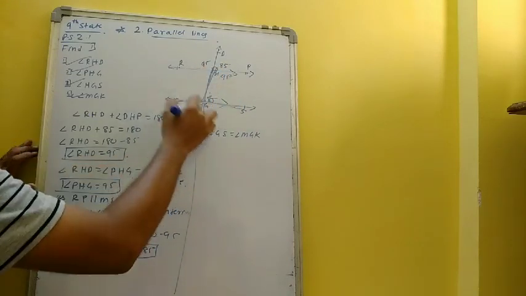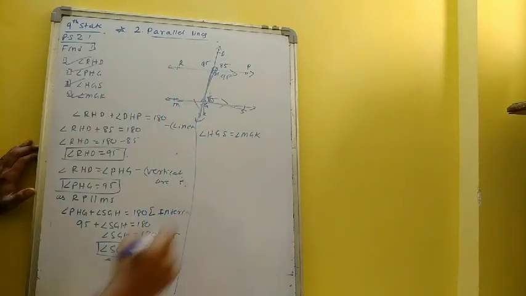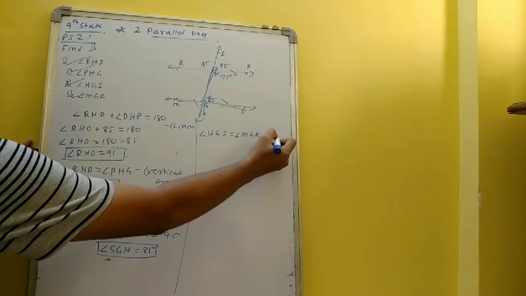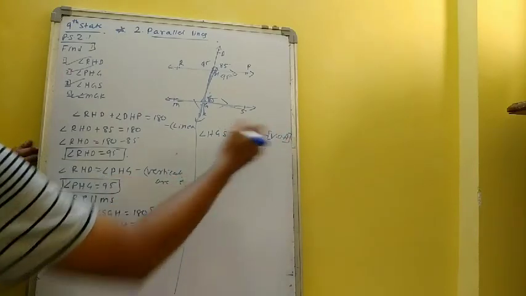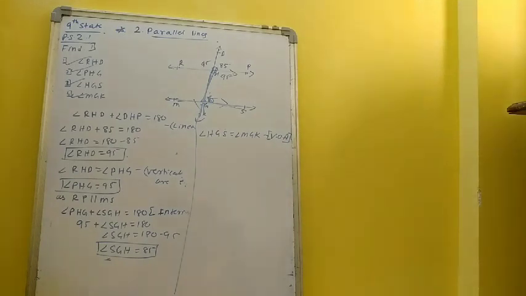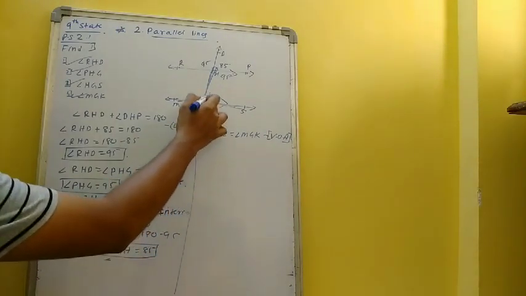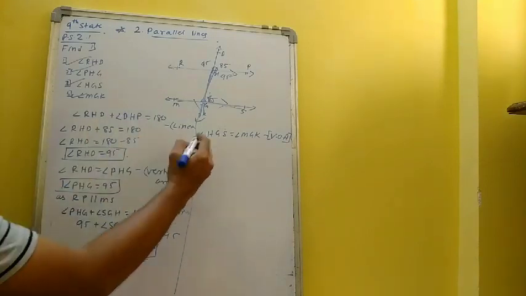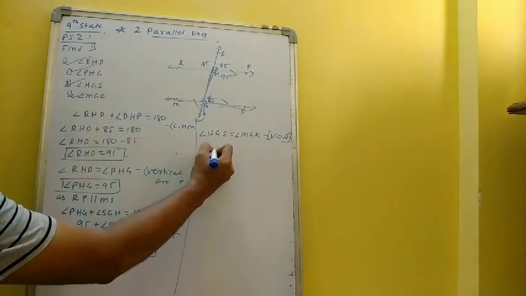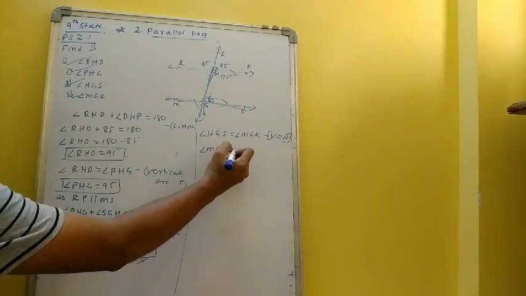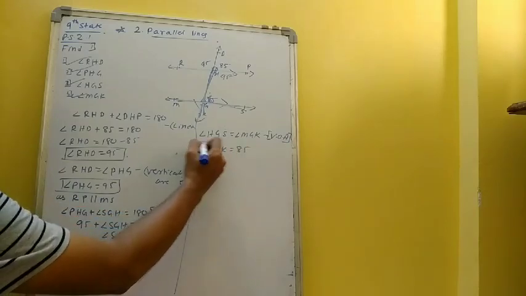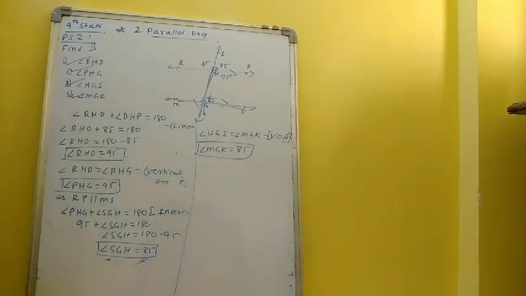As we have two intersecting lines, vertically opposite angles are equal. Vertically opposite angle. Don't write short form, okay? I don't have space over there, therefore I wrote it. Therefore HGS is 85, therefore angle MGK is also 85 degrees. Okay, so that's it for the first question.